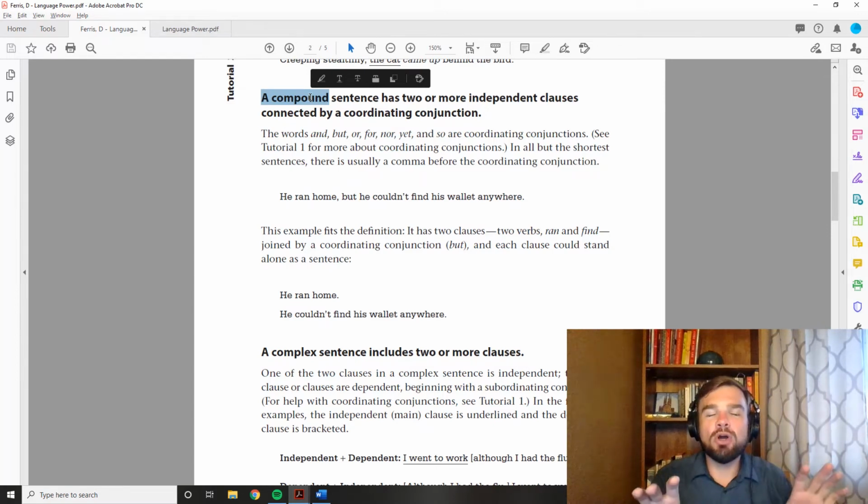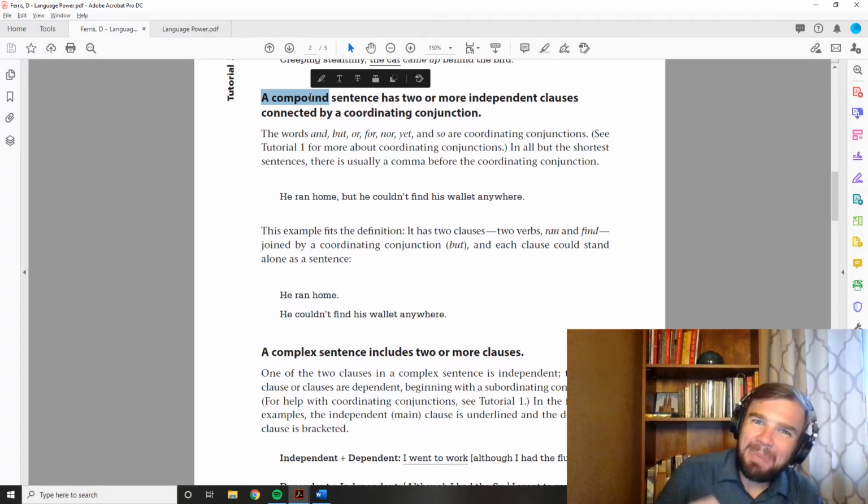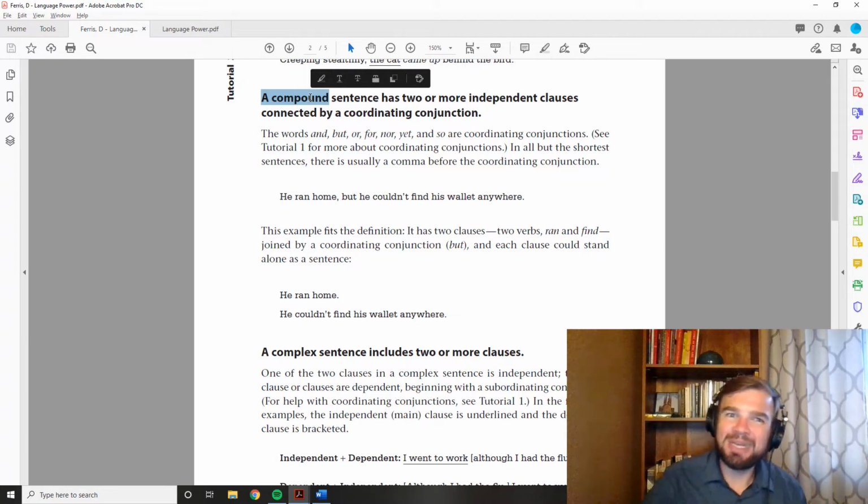Because if you don't know what a clause is, if you don't know what a conjunction is, you're going to be very confused. So again, I'll just stop, give you a chance to go back if you need to, and go on. Okay, so a compound sentence has 2 or more independent clauses connected by a coordinating conjunction.